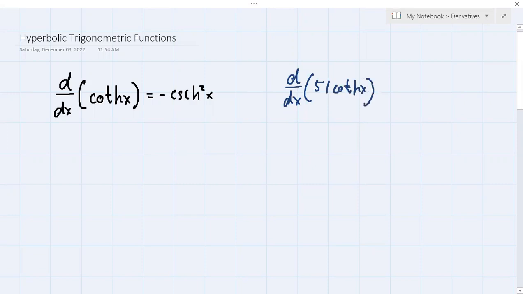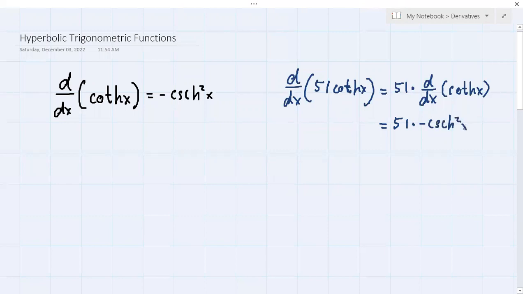Okay? Yan. So this one, I can simply rewrite this as 51 times the derivative of cotangent hx. So, ang derivative ng cotangent hx? So, basically, this is negative cosecant h squared x.